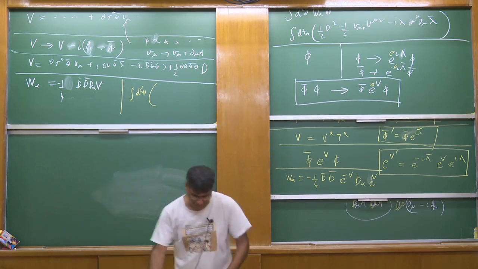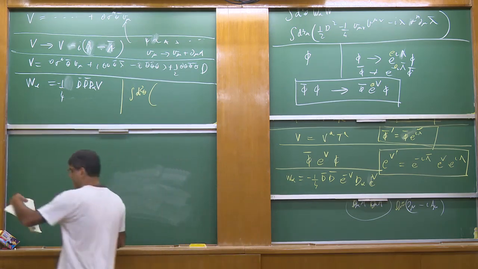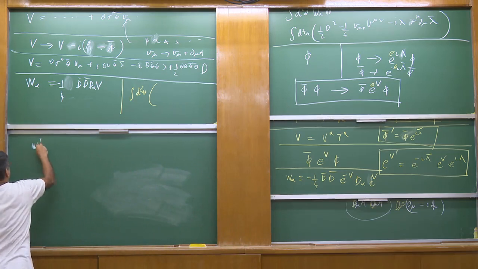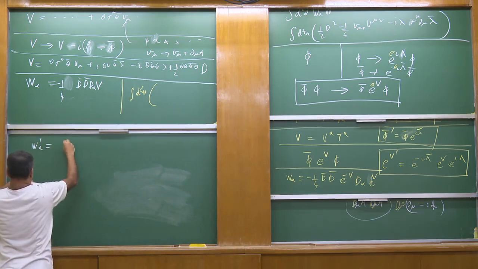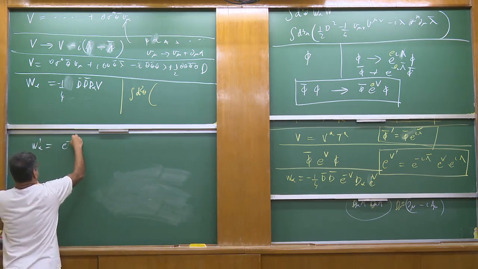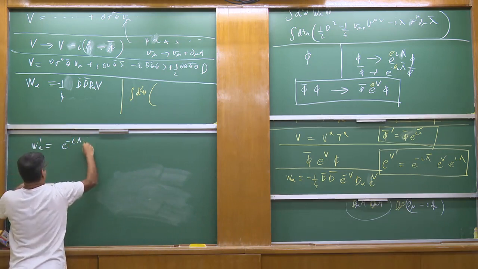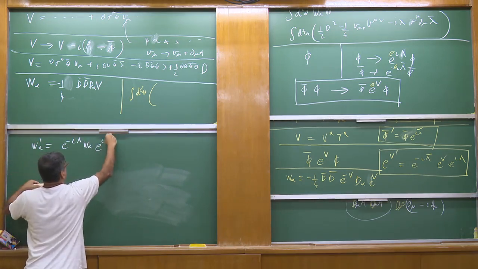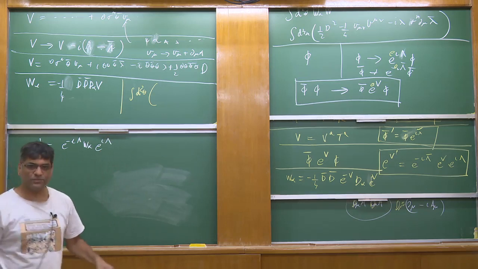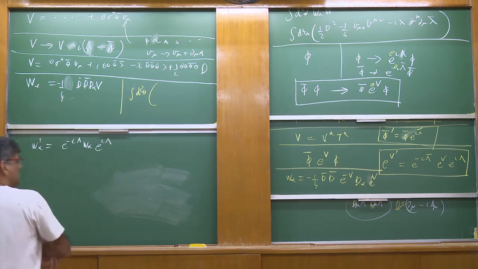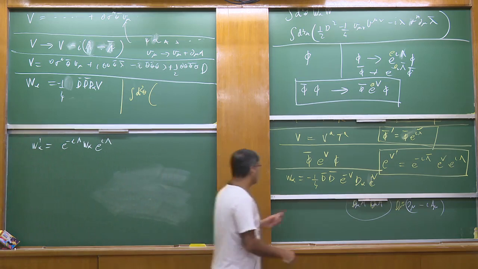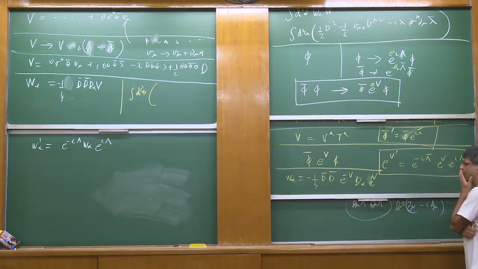We want W to satisfy the following gauge transformation property. We want W prime alpha to be equal to e to the power minus i lambda, W alpha, e to the power i lambda. This is what we want. Now, I claim this thing does it.